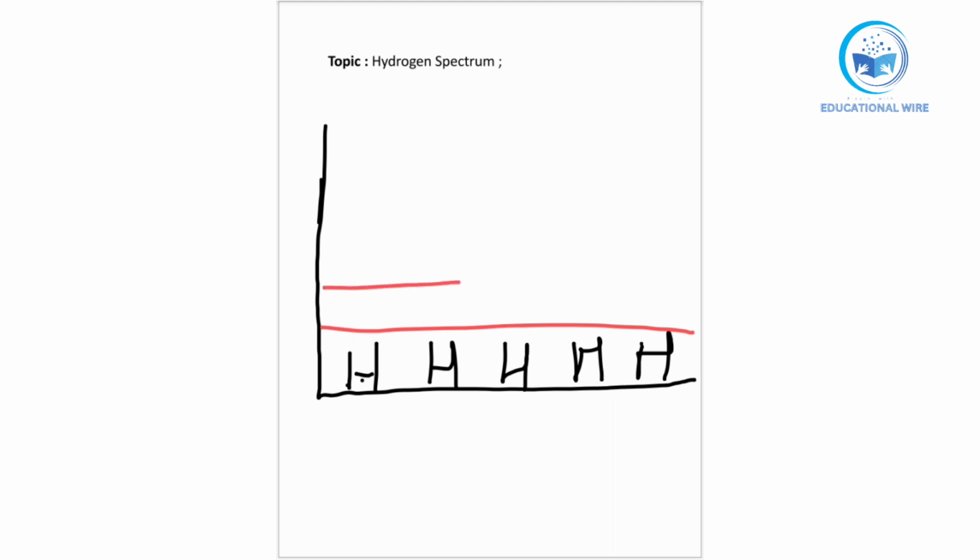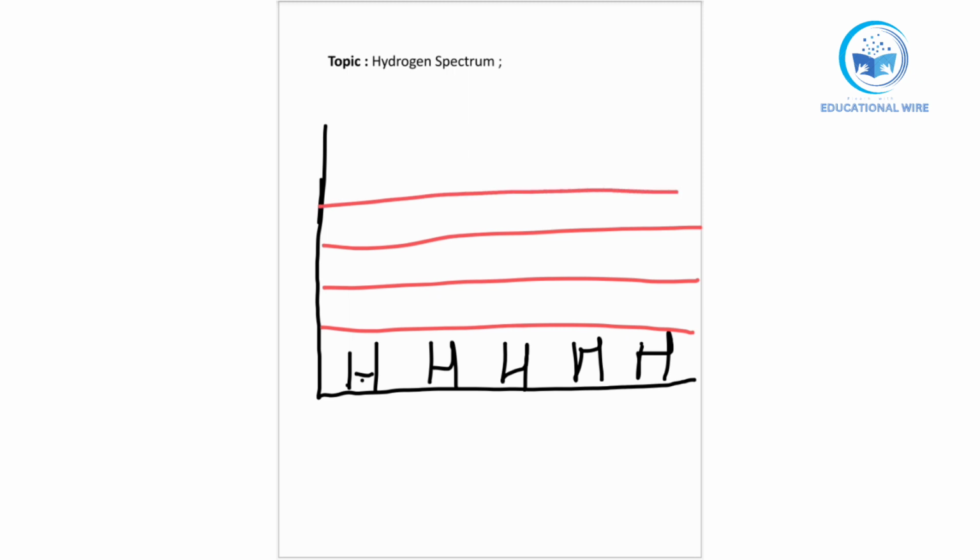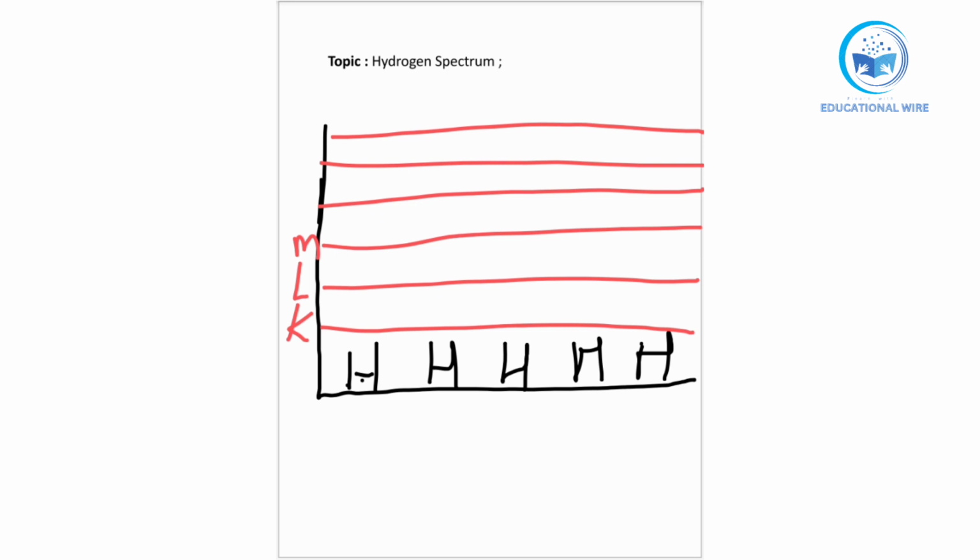This is the K shell, this is the L shell, this is M, then N, then O, and then P, and then the infinite position over here. Okay, so we are just taking some of them: K, L, M, N, O, and P.